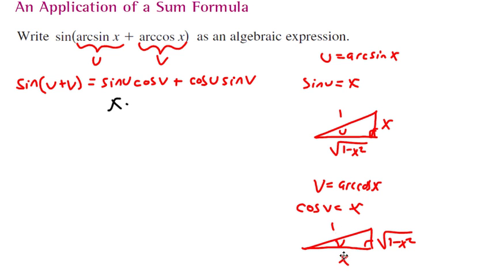Cosine is adjacent over hypotenuse, so that's just x. Cosine of u: cosine is adjacent over hypotenuse, so that's the square root of 1 minus x squared. And sine of v is down here, opposite over hypotenuse, so that's the square root of 1 minus x squared.